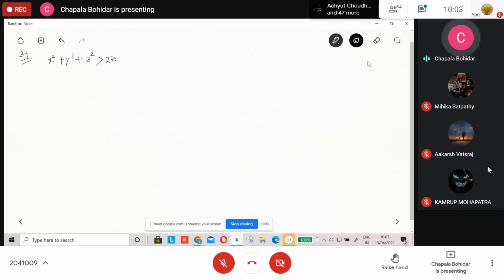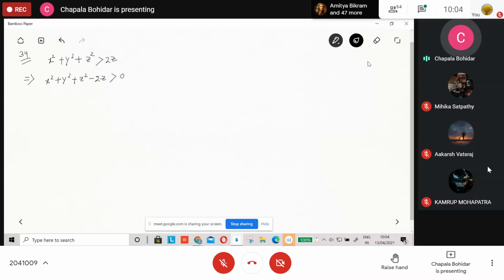I'm doing it here and no one is replying. What happened to you? This implies I can write down here x square plus y square plus z square minus 2z is greater than 0.